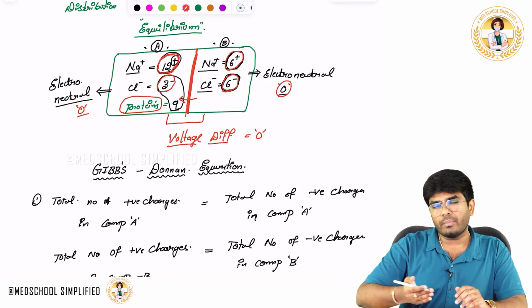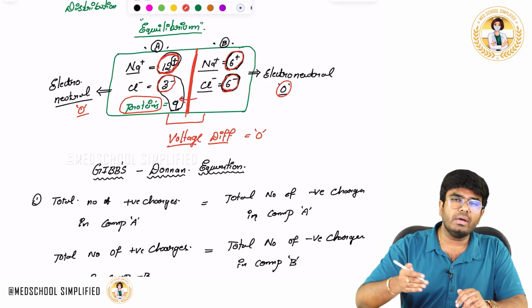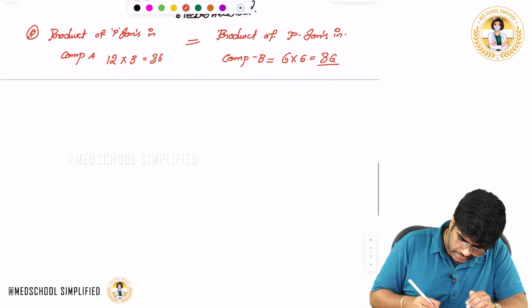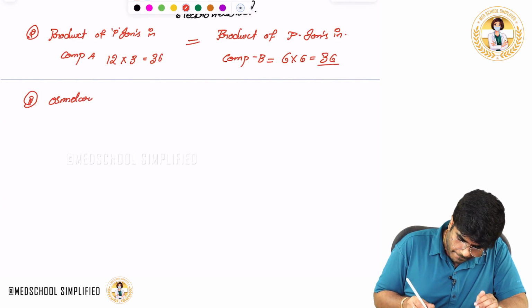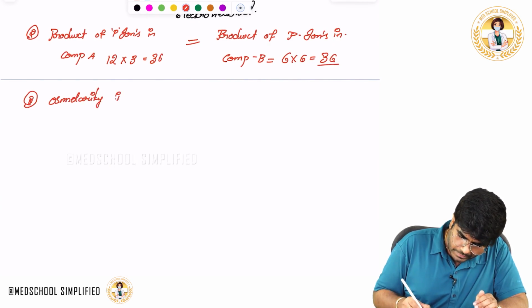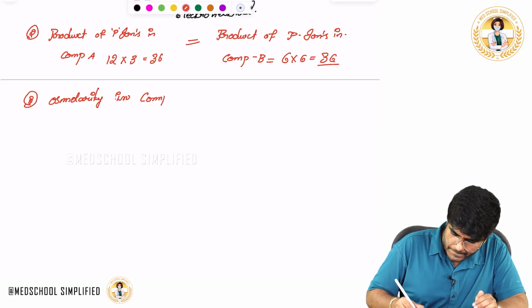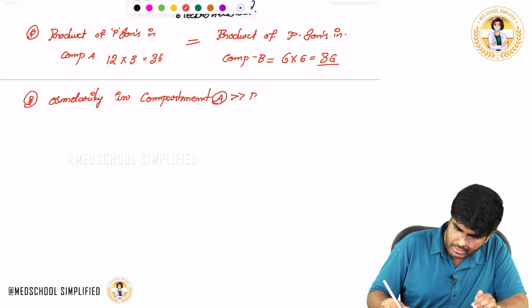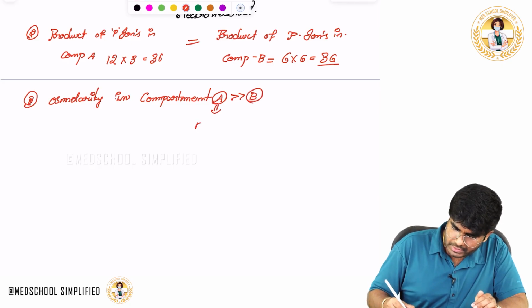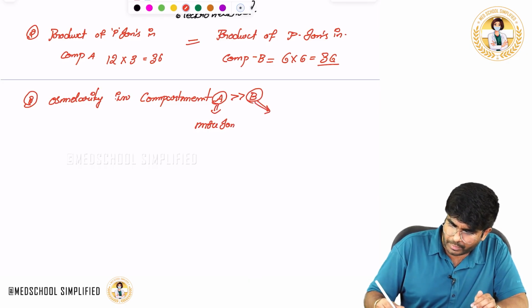There will be fluid shift from compartment B to compartment A. So let's write here the third thing which I want you to know: osmolarity in our example in compartment A is greater than in compartment B, which means there are more ions in compartment A, and in compartment B there are fewer ions.